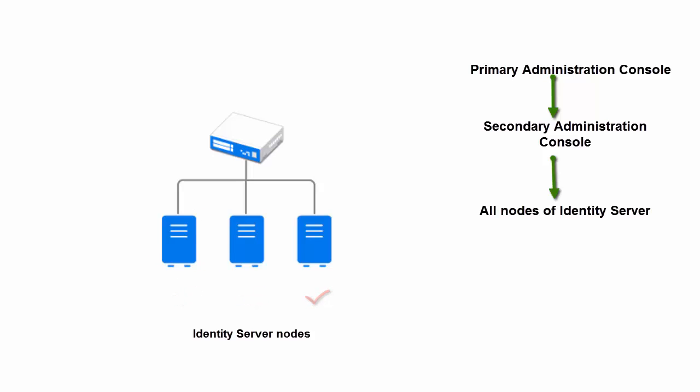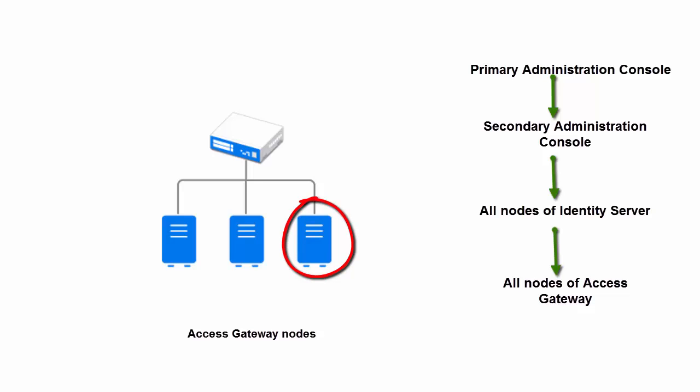The next server to be upgraded is Access Gateway. Here there are 3 nodes of Access Gateway, which also uses a load balancer. The administrator has to stop cluster services on one node first. After upgrading that node, the administrator can start the cluster services on that node and continue with stopping the services of other nodes, upgrading them, then starting the cluster services on those.